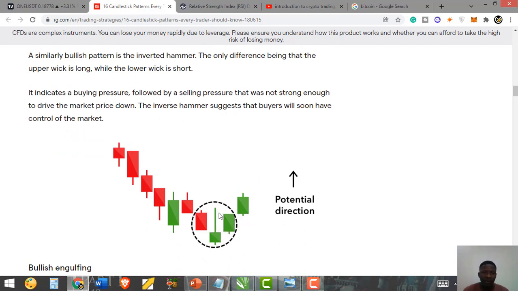So you see the upper wick, this is it, which is longer than the lower wick. This is the inverted hammer, and the potential direction is up. So whenever you see something of this nature on the chart, you should know that there's a possibility of seeing an increase or an uptrend in the value or price of that particular asset or currency pair.